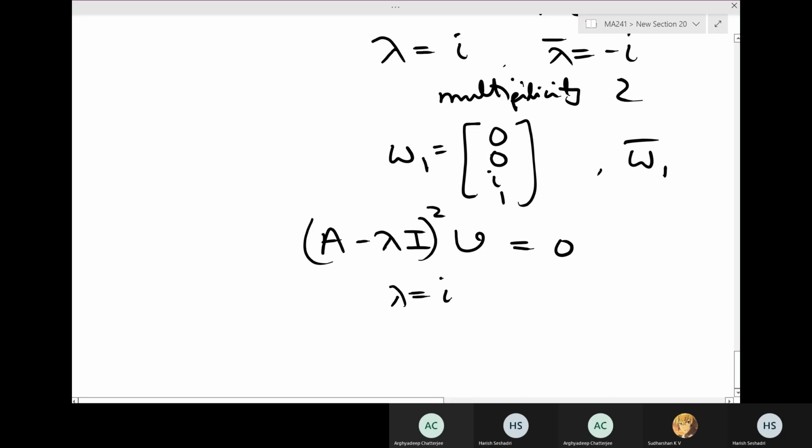By the way, the other thing I should mention is, just like for eigenvectors, if I find a generalized eigenvector for lambda, the conjugate of that will be a generalized eigenvector for lambda bar, simply because you conjugate this whole equation here.